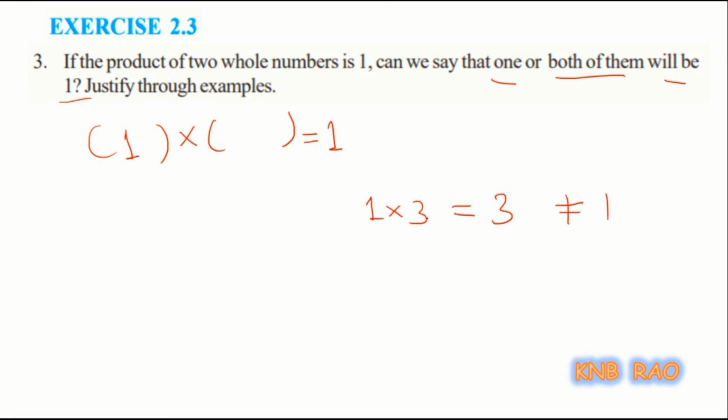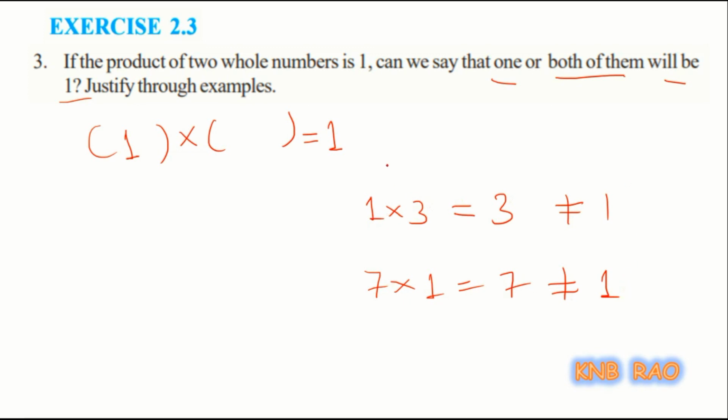So if any one of the numbers amongst the two multiplicands is other than 1, then their product will never be 1. You can check with various examples. So the product of 1 into 3 is 3, the product of 7 into 1 is 7, not 1.